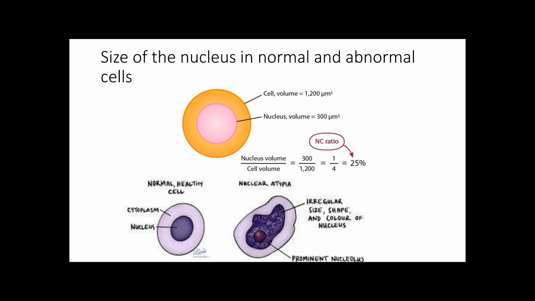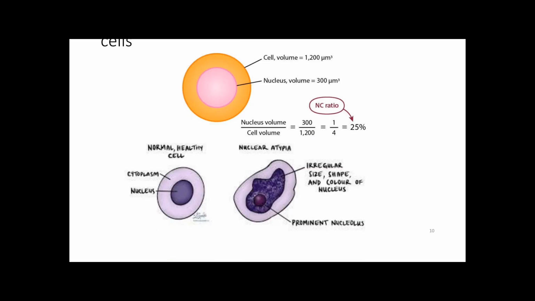So 300 over 1200 is one quarter, nearly 25 percent in normal cells. But in the case of abnormal cells, the nuclear volume is higher and the cell volume is low, or sometimes the same.